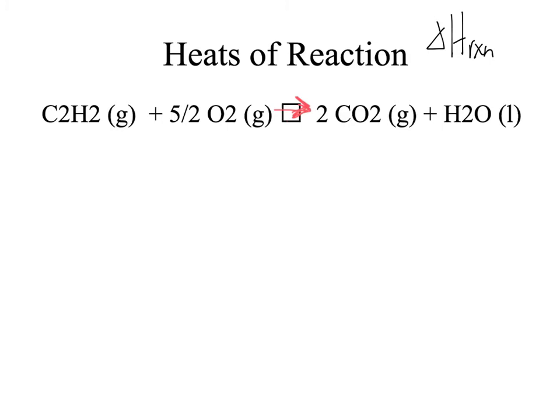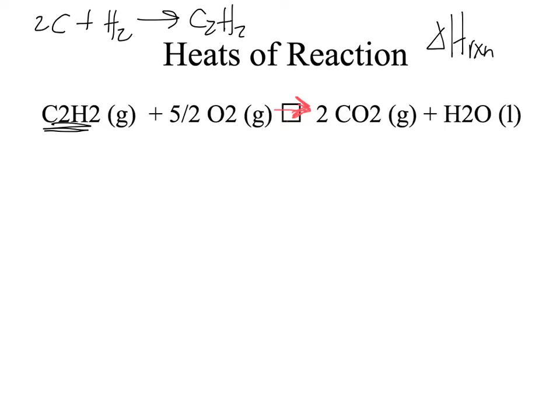Our very first reactant is that acetylene, C2H2, and on that delta H table, the number that's given for it is 226.73 kilojoules. But since that's the heat of formation table, I'm going to write out 2C plus H2 makes C2H2. There's the formation for it. That's what that 226.73 represents on that table.